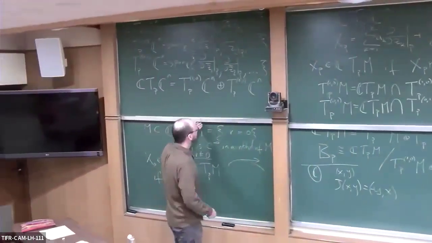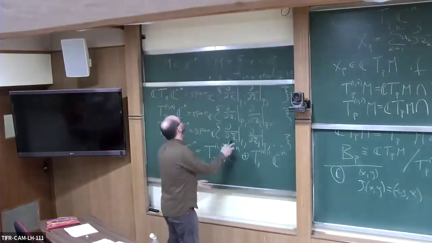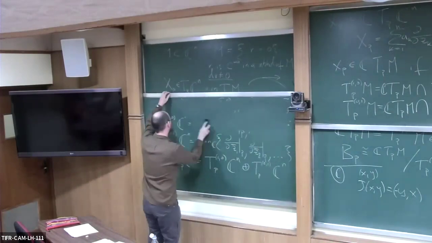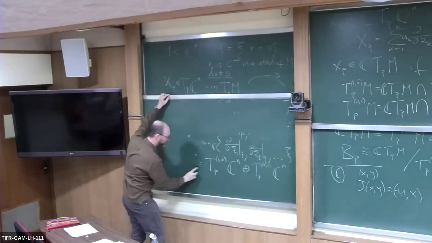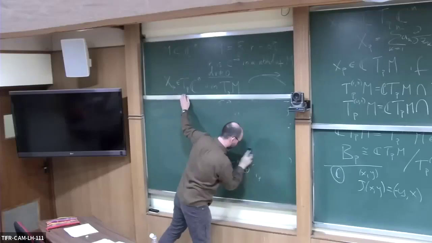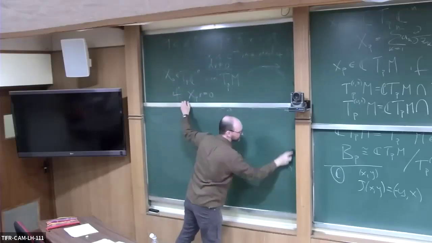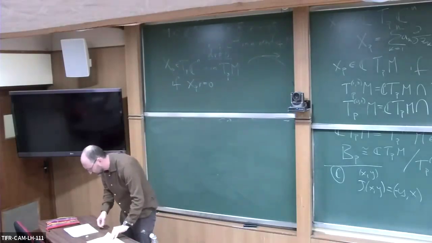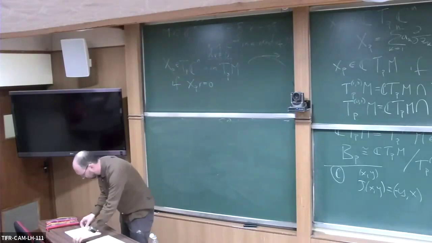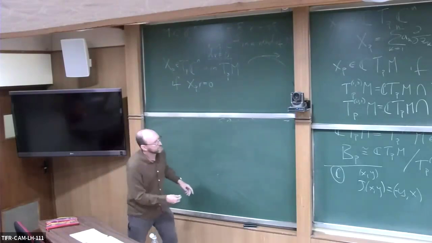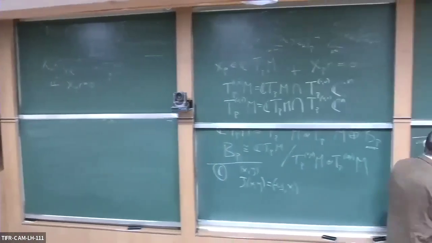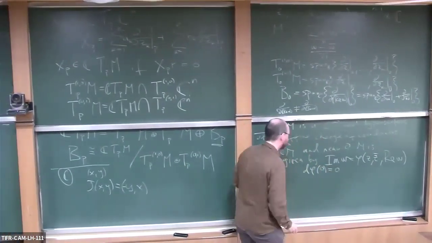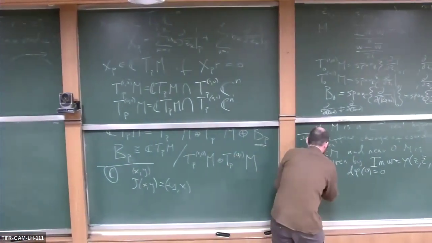Now, one more thing that I forgot: the derivative of phi at 0 is 0, and phi at 0 is 0.